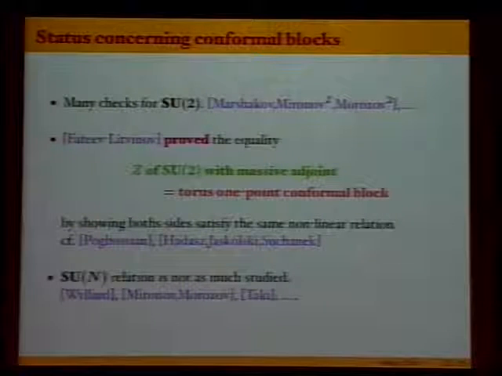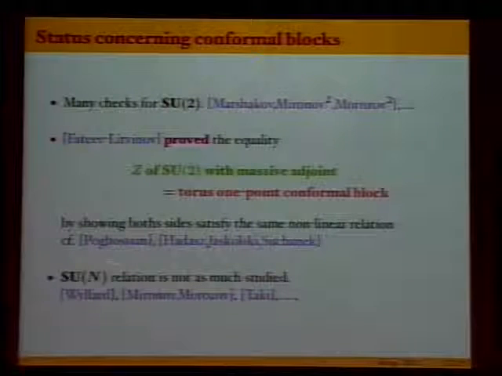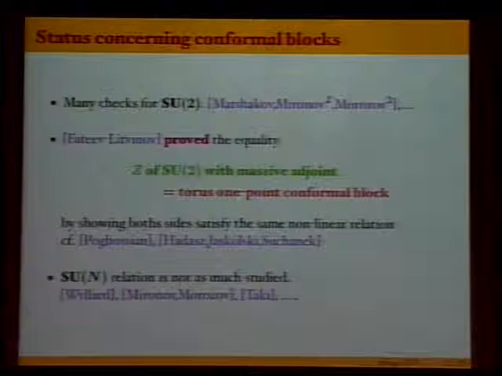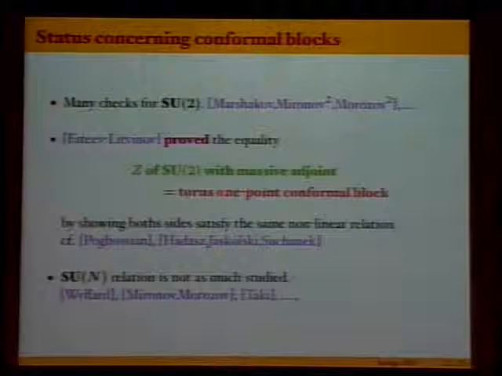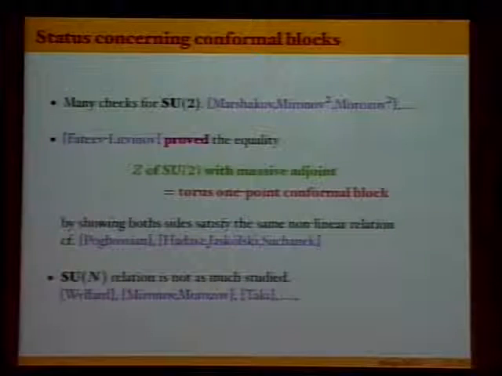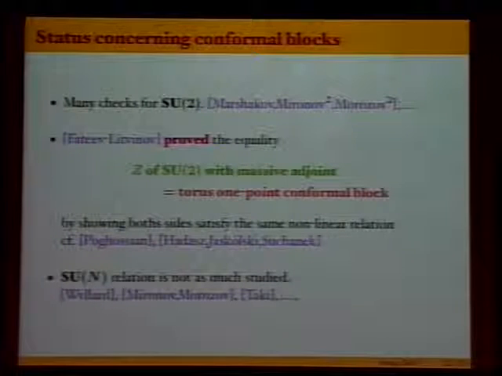On the CFT side, that nonlinear recursion relation was conjectured by Poghossian and later proved by three people from Poland. And Fateev and Litvinov showed that the same nonlinear identity holds on the Nekrasov partition function side. So that's one proof, but the general proof has not been given.